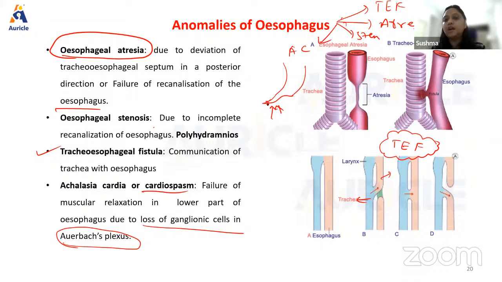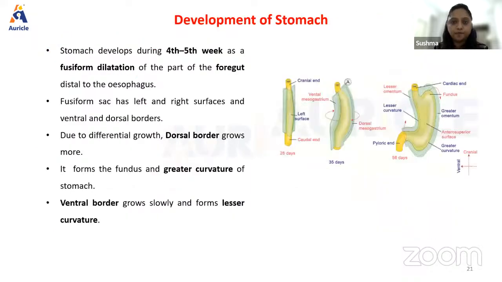It causes GERD, recurrent reflux will be there in case of achalasia cardia. Okay, understood the development and the developmental anomalies of the esophagus, which is very, very important, guys.